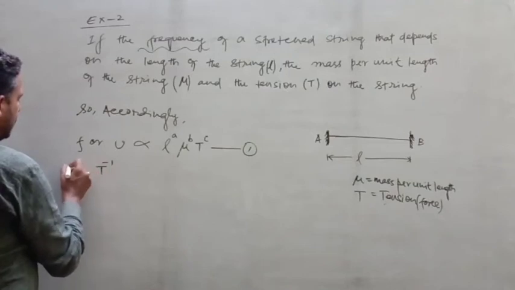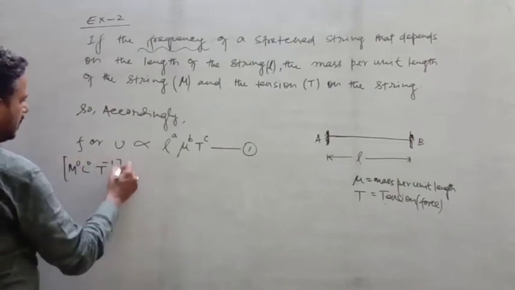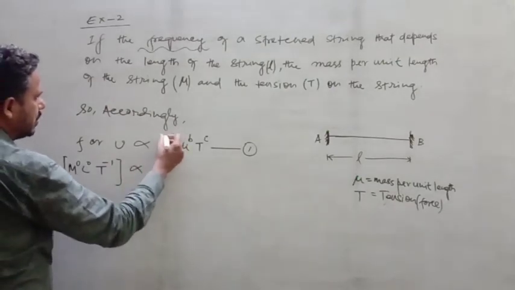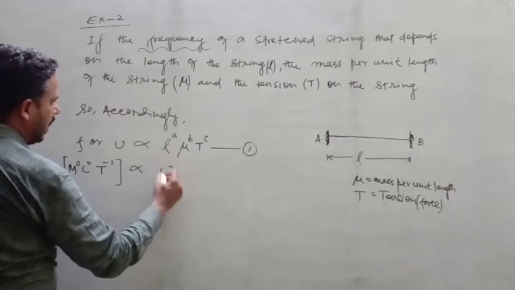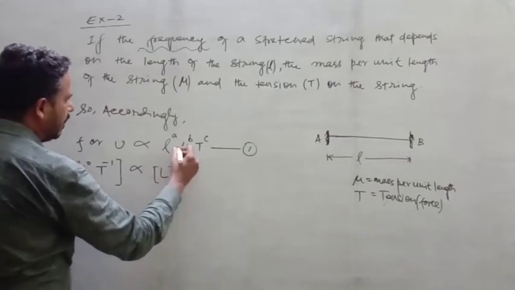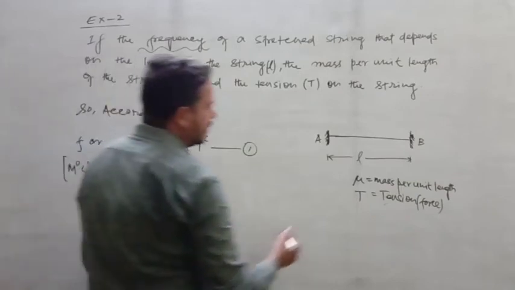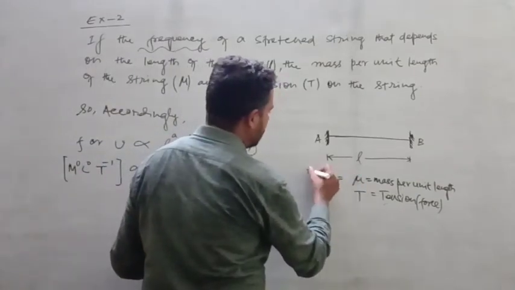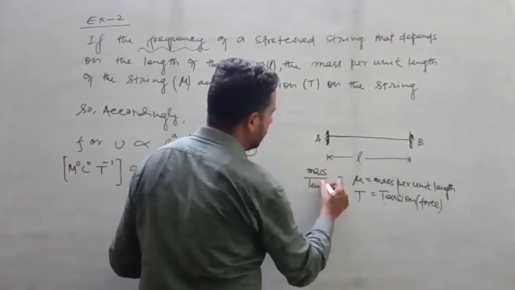So M^0 L^0. And then this one is proportional. L, dimensionally L having power a. Mu, this one is mass per unit length, that is mass by length.